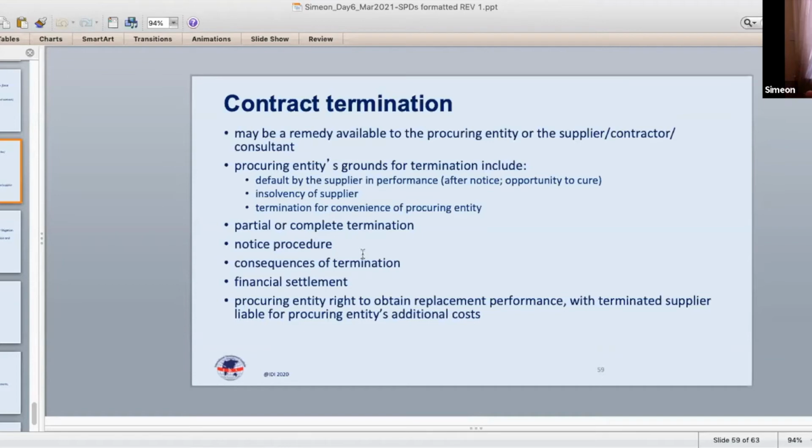They normally don't have a right to terminate the contract for convenience. It may be, but typically it's not up to one of the parties just to say, hey, I'm walking away from this contract, see you later.